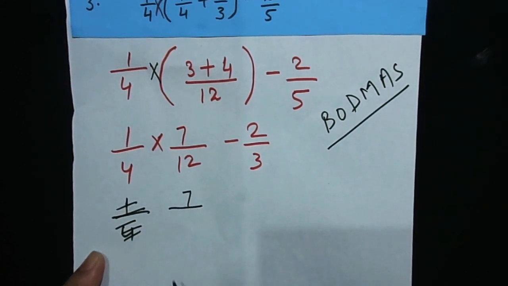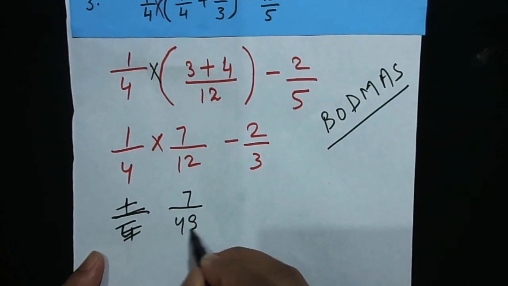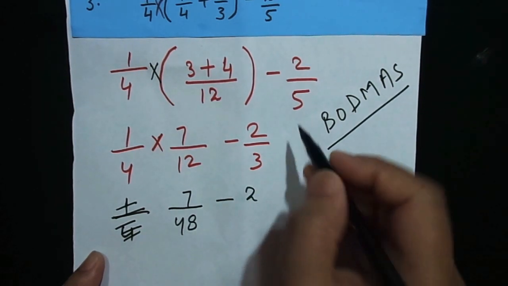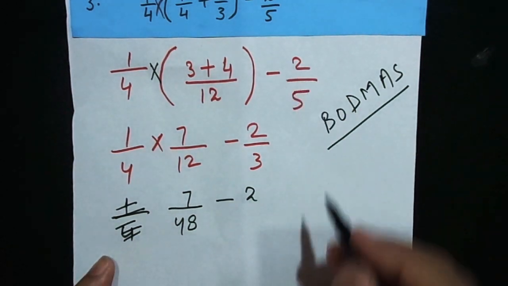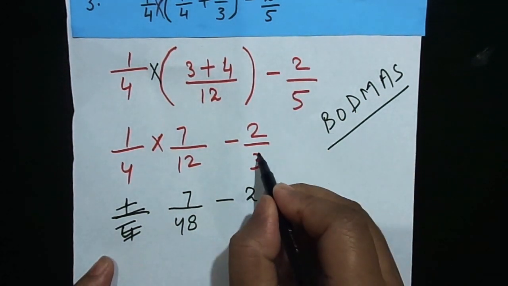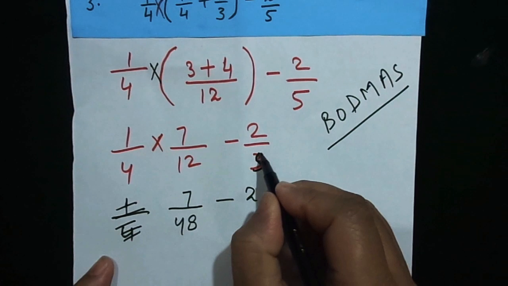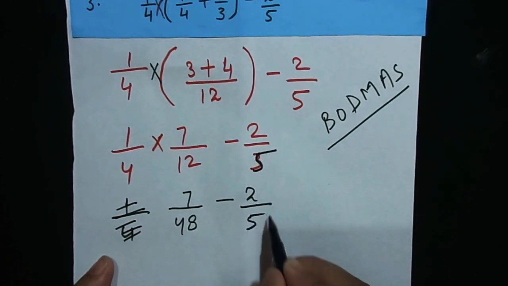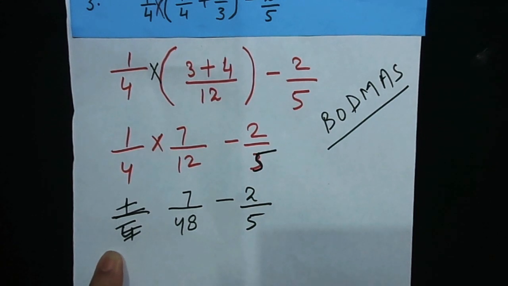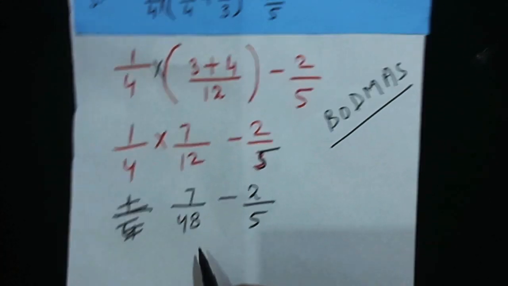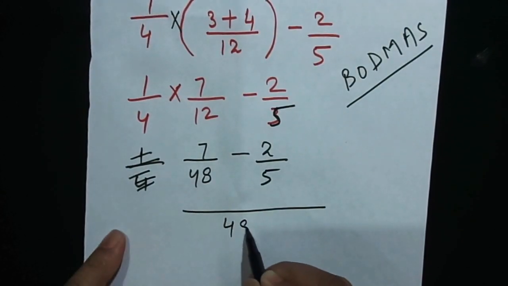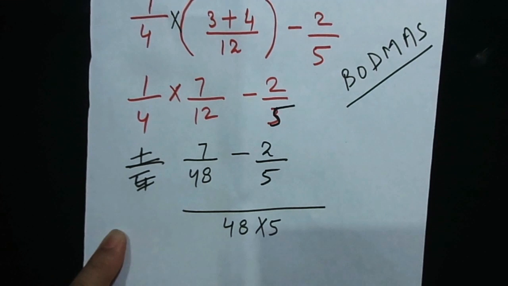So 1 by 4 into 7 by 12 becomes 7 by 48 minus 2 by 5. Here I should write 2 by 5. Now as I said, I have to take the LCM of 48 and 5. So the LCM of 48 and 5 will be 48 into 5, isn't it?